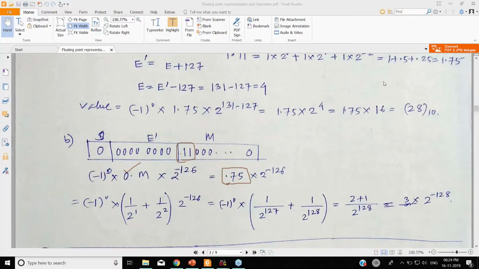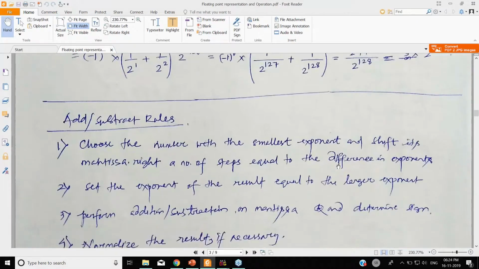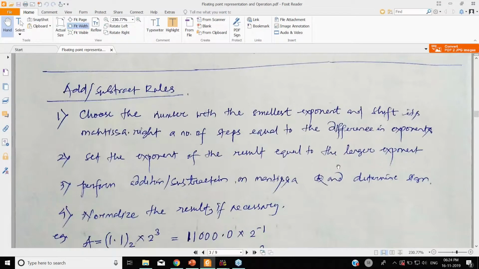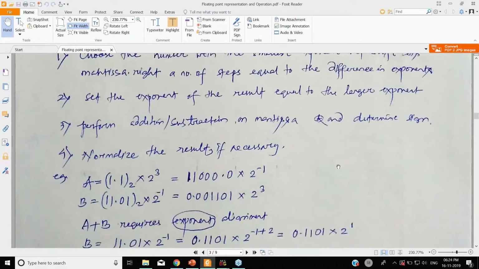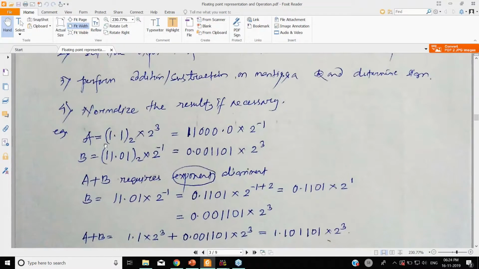Let me erase this drawing. We will also see two things today: addition and subtraction of this kind of number with the help of examples. Look at this.